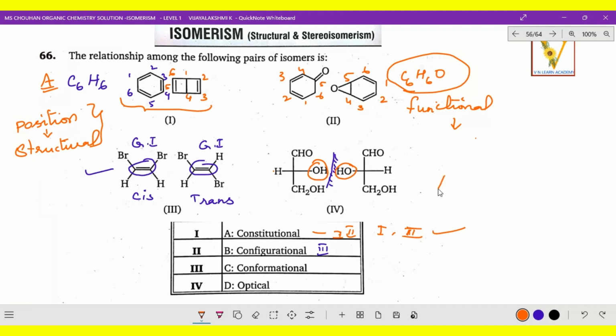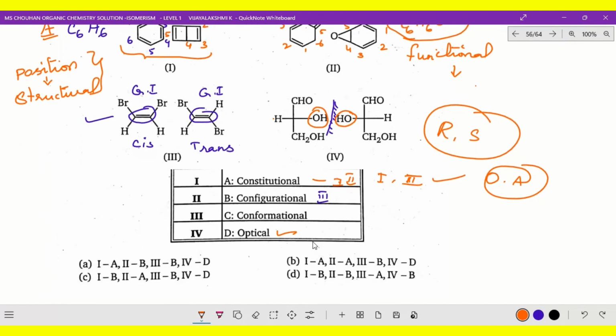So R configuration means optical isomers, which are optically active. So A is a constitutional isomer for 1 and 2, B is the third compound, C is nothing, and D is optical isomers.